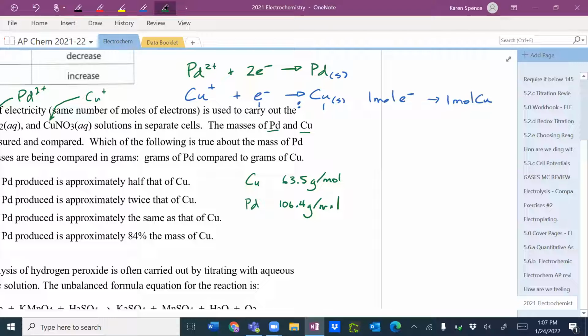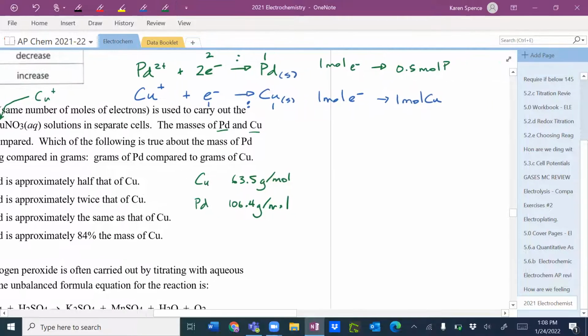With the palladium, it requires 2 moles of electrons, so it's a 2-to-1 ratio. So 1 mole of electrons would give me only 0.5 moles of palladium. Now, you could have chosen 2 moles of electrons as your starting point. The deal is you're going to get half as much palladium as copper.